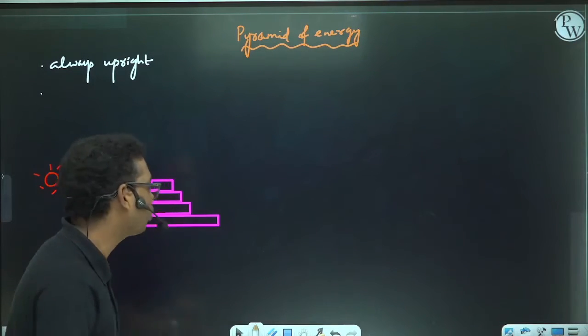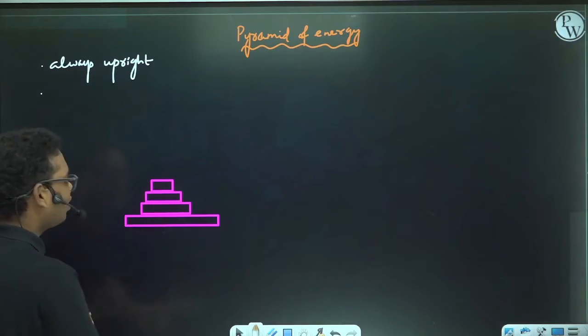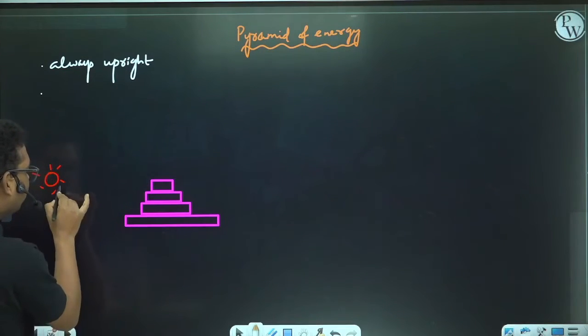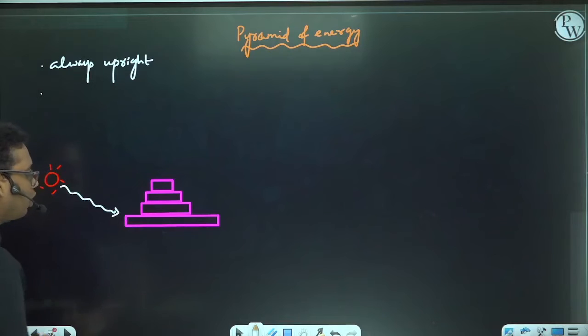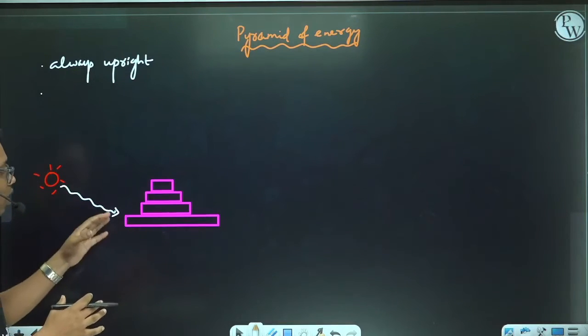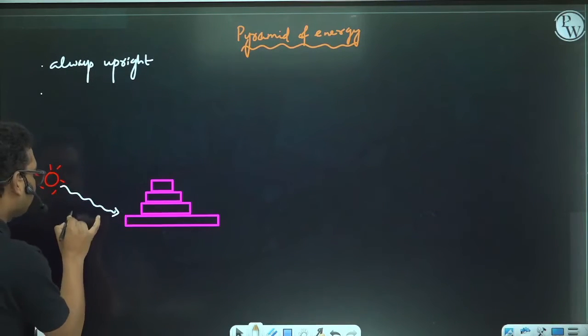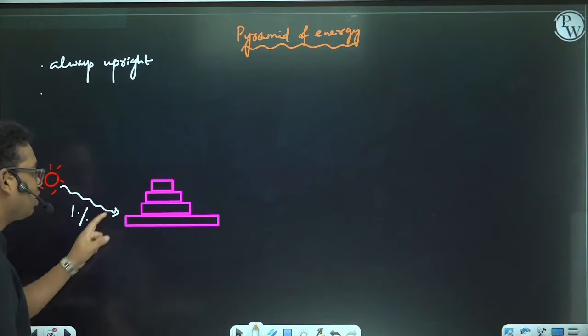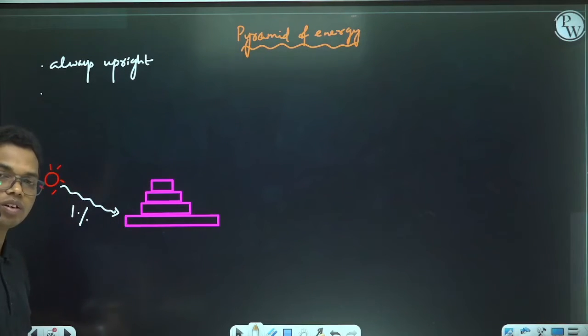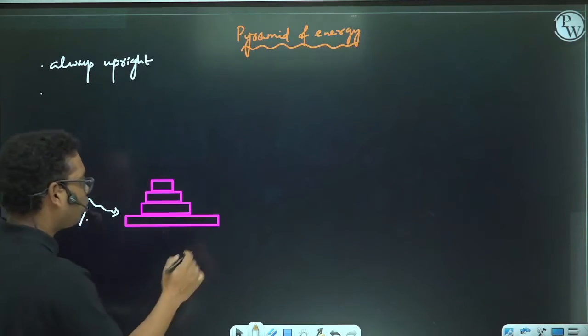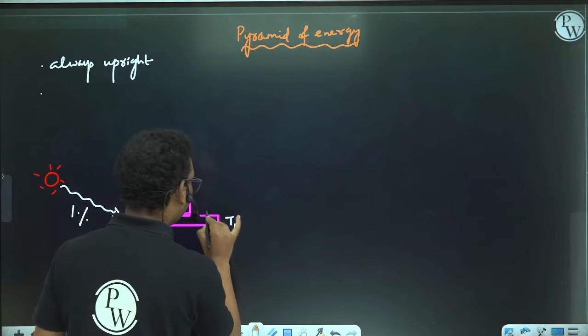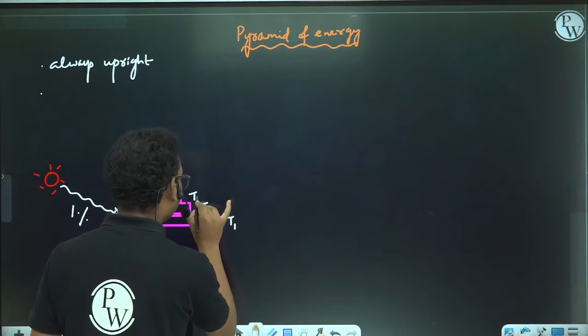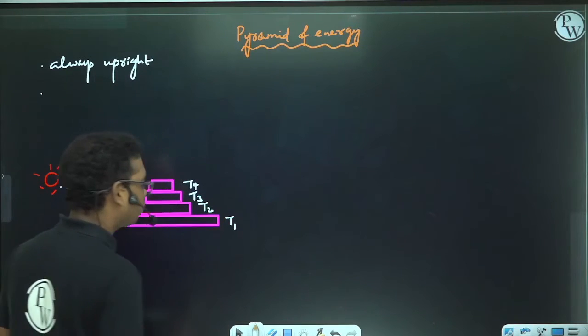It follows the 10% law. So suppose this is sun. Of the energy which is available, only 1% of the solar energy is trapped by the plant. Only 1% energy. Okay, and this will be trophic level first, this will be trophic level second, this is trophic level third, and this is trophic level 4.